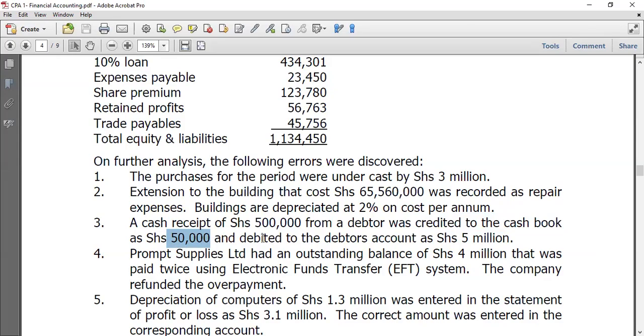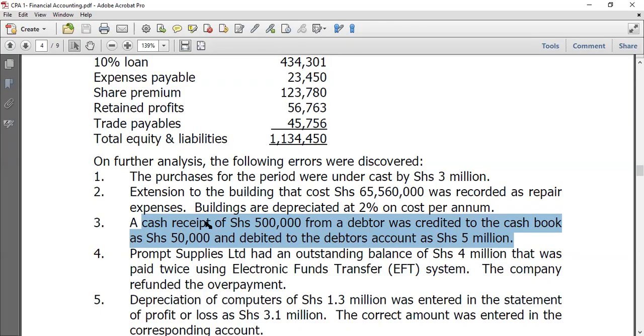And it was debited to the debtor's account as 5 million. These are real errors, okay? A cash receipt of 500,000 from a debtor was credited to the cash book as shillings 50,000 and debited to the debtor's account as shillings 5 million.